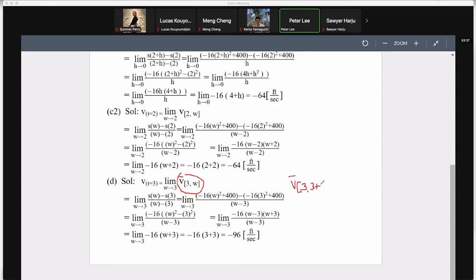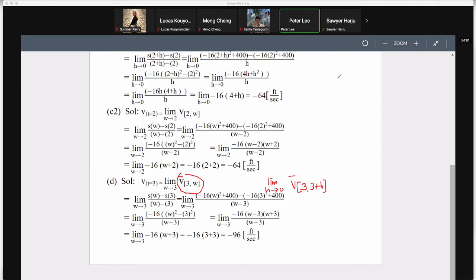If you do that, of course, you should get the same answer. The final answer should be minus 96, just like this one, because they are the same problem. So why don't you try this, and you can check. Okay? All right.